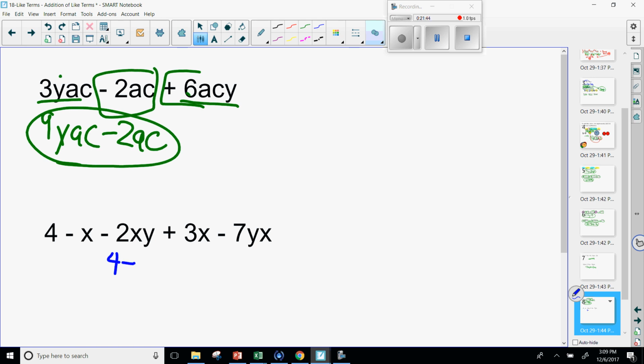Second term, circle it, negative x. You gotta take the sign with it. There you go, negative x. Where's the other like term? Circle the other like term. Yes, it is. You have to take the sign with it. So what is negative x plus 3x? Negative 1 plus 3. Positive 2x. Okay, so then put plus 2x.